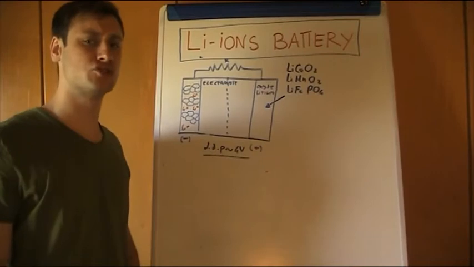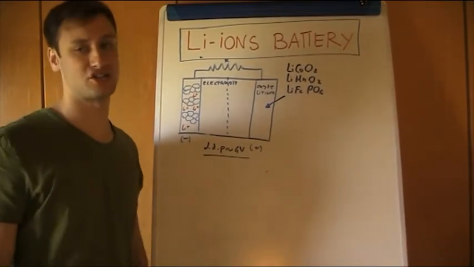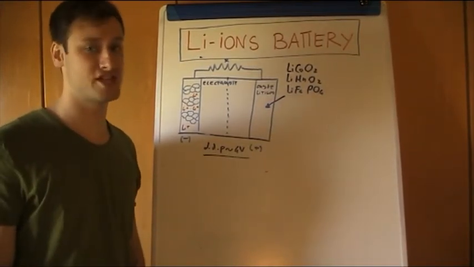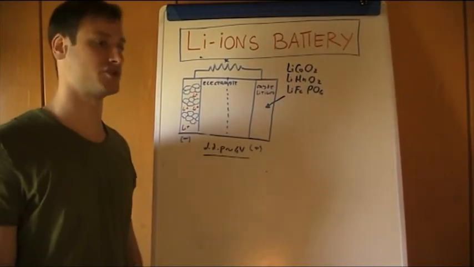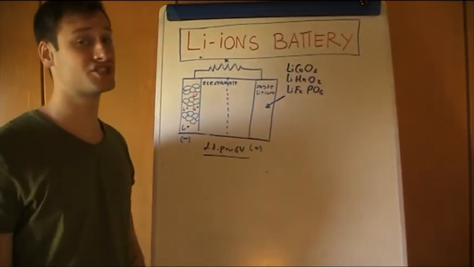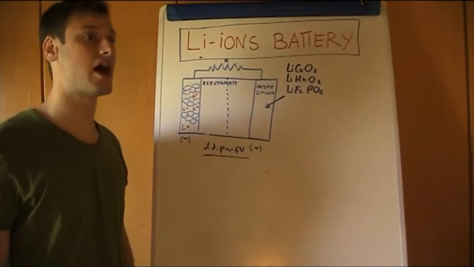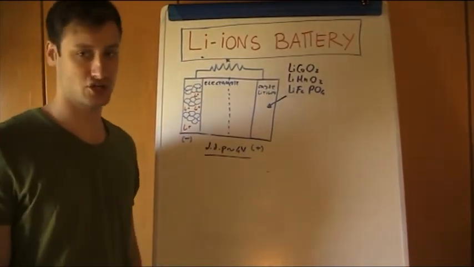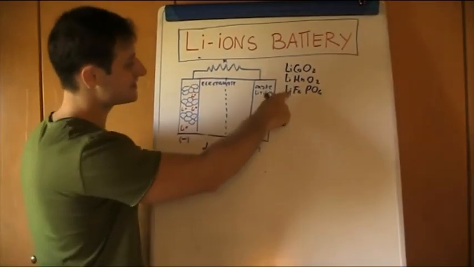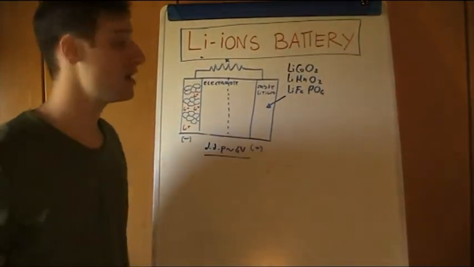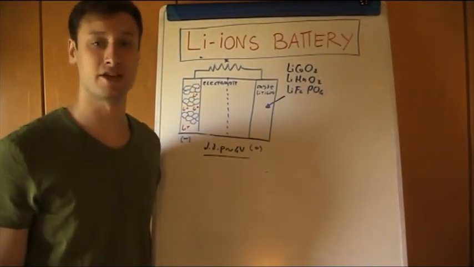We have a really low reduction potential, so we have a huge tendency to give electrons. For this reason lithium is not stable, and it often tries to undergo an oxidation. But when it's present inside the crystal lattice of an oxide, it is stable.